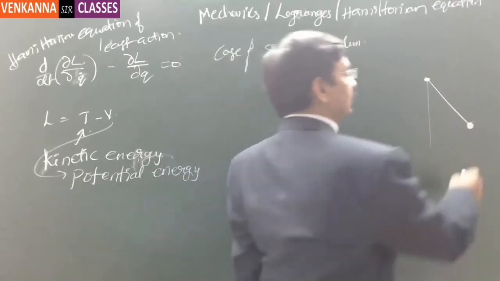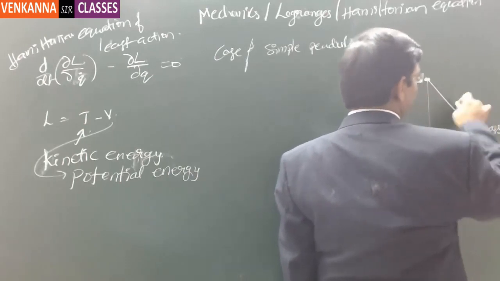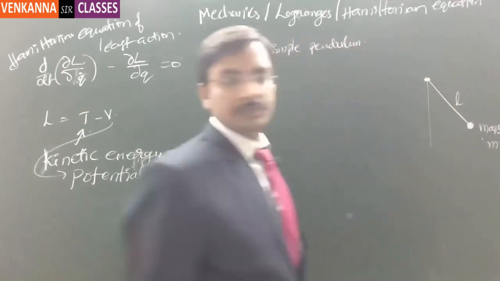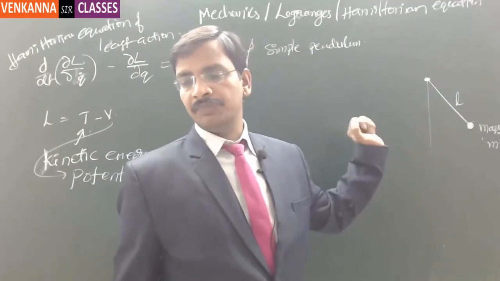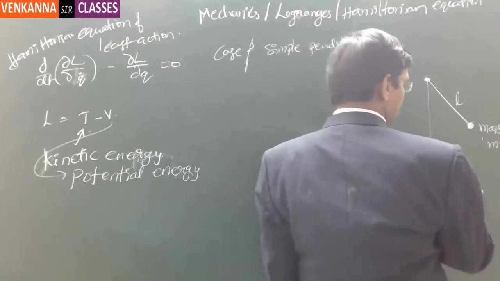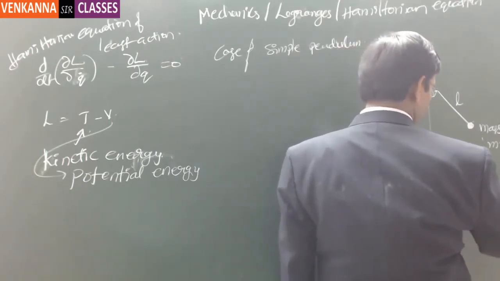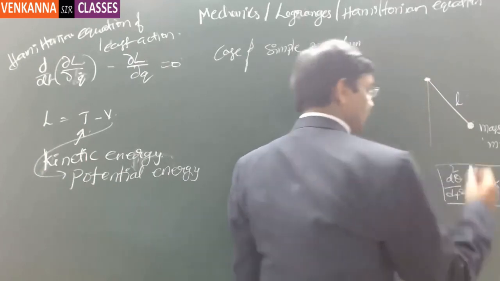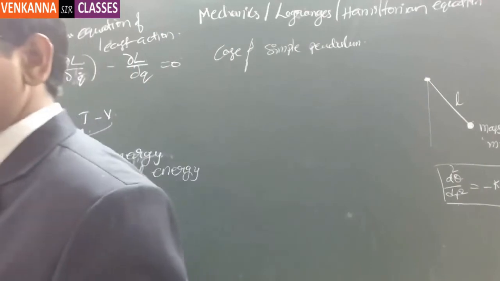Let us say the mass of the ball is m and the length of the string is L. Then based on this understanding, can you prove that the equation of the simple pendulum is d square theta by dt square is equal to minus k theta? So this is the equation of the simple pendulum, right? Got it or not?